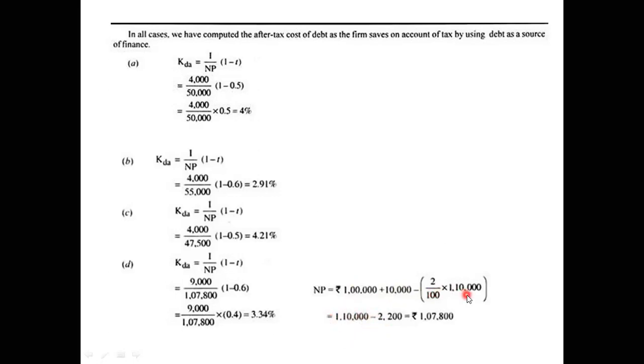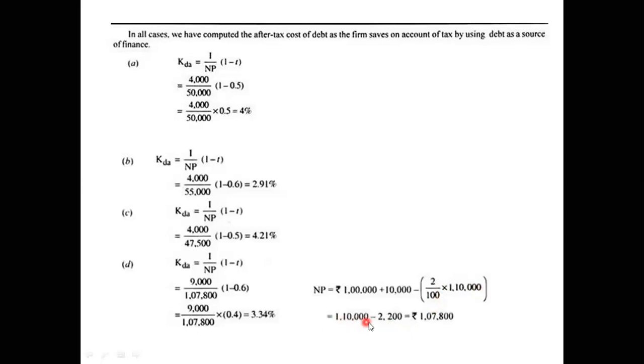You have one deduction here. That deduction is the flotation cost. That is a charge against the total receivables of the company, the total fund receivable from the debenture. Therefore, 1,10,000 minus 2% of 1,10,000, not 2% of 1 lakh, rather 2% of the 1,10,000 issue price, including premium. 1,10,000 into 2% comes to 2,200.